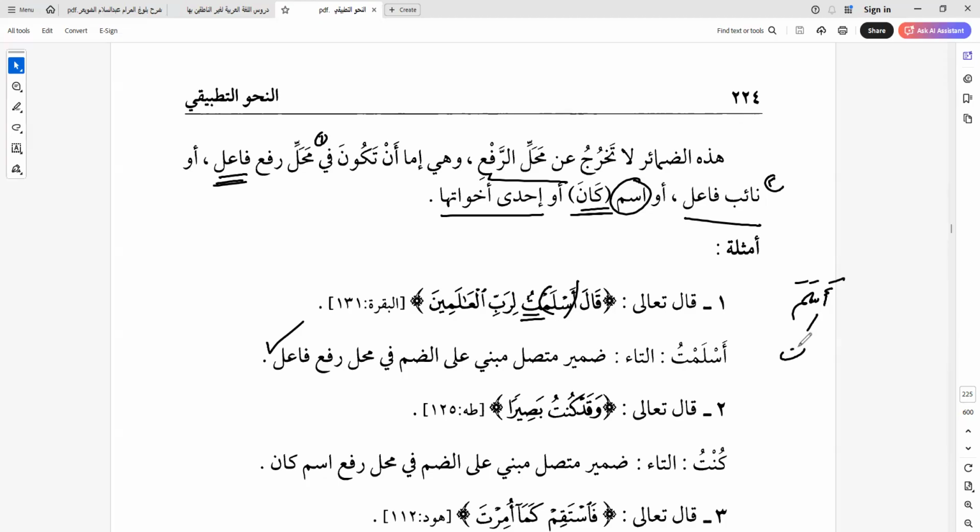If you add the تاء to it, then you see that the فعل الماضي becomes what? It becomes سكون at the end. أسلمت. So who is the فاعل? Is the ضمير متصل مبني على الضم في محل الرفع فاعل.